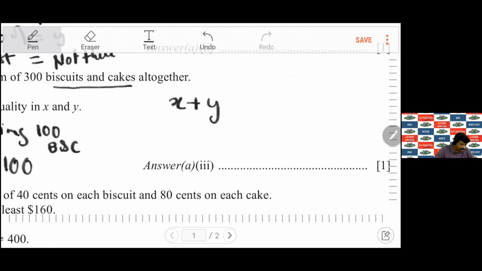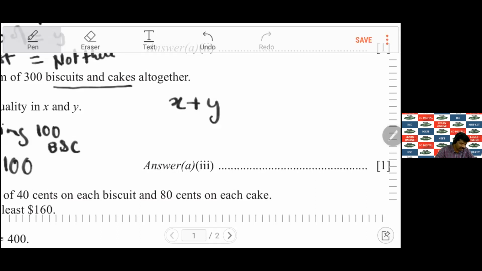Now what is X? The number of biscuits. Right. So you never have to say that X is biscuit. Every time we try to say that X is biscuit. X is not biscuit. X is the number of biscuits. So if someone tells you that you have brought 10 biscuits and cake, that means X plus Y is equal to 10.